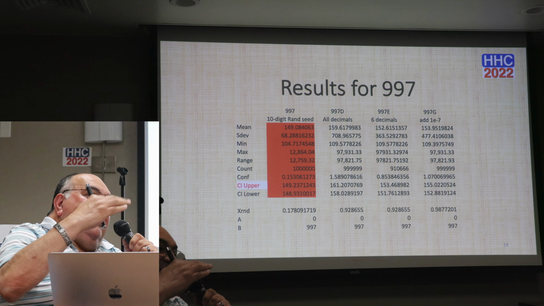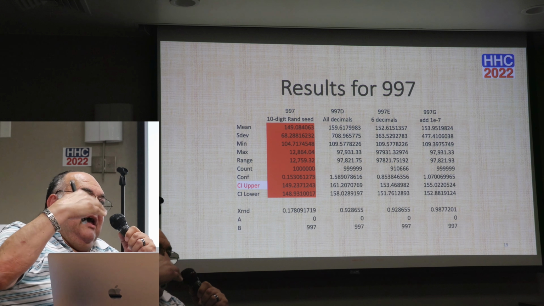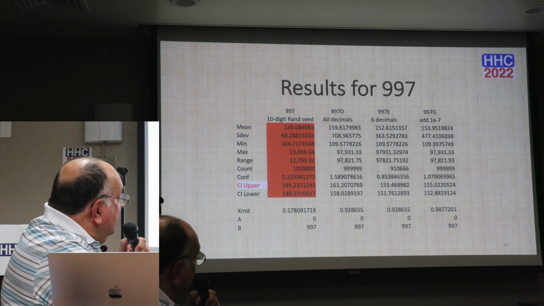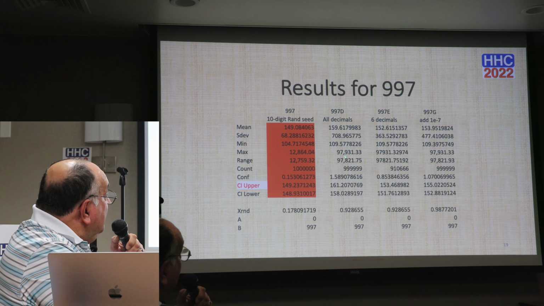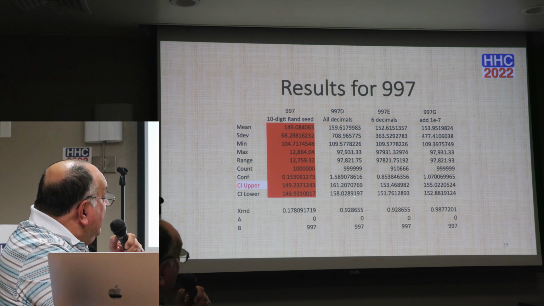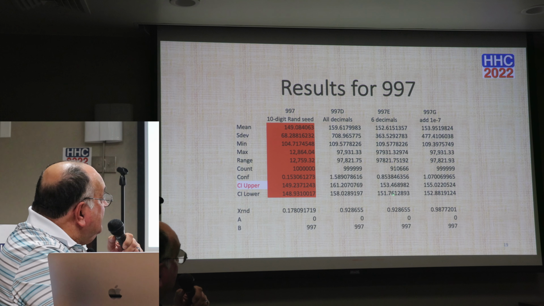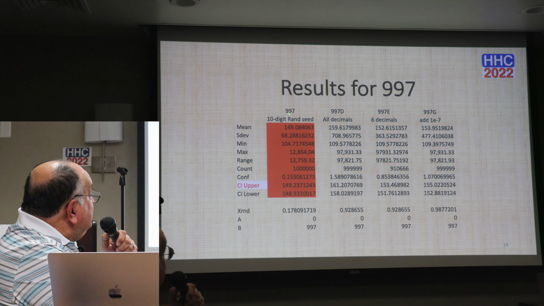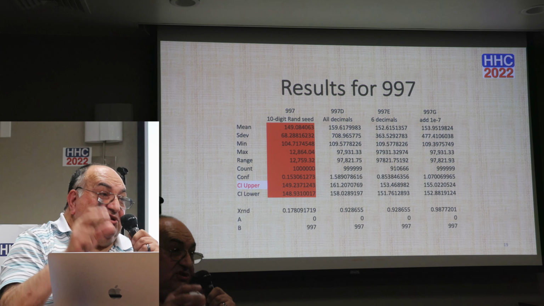If I get 148, I'm not really happy, because I want to give enough advantage to the algorithms over the 997. Here, when I use all digits and a lot of trailing zeros, it gets worse. And it gets a little bit better if I have 6 significant digits, and if I add e to the minus 7. So if you're going to use this baseline algorithm, make sure you are generous with your digits.